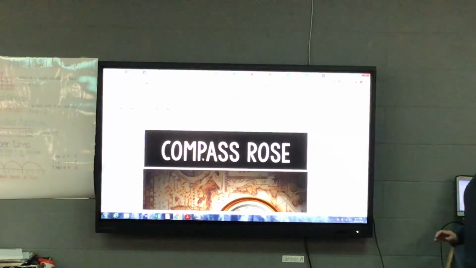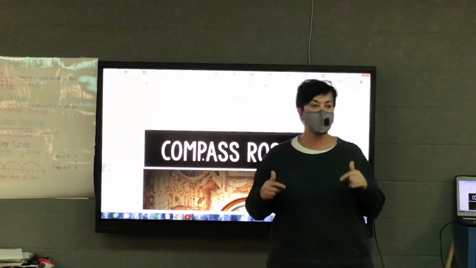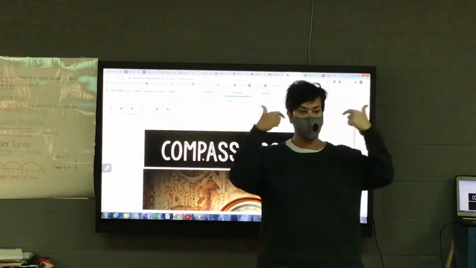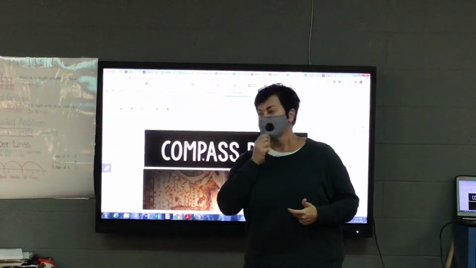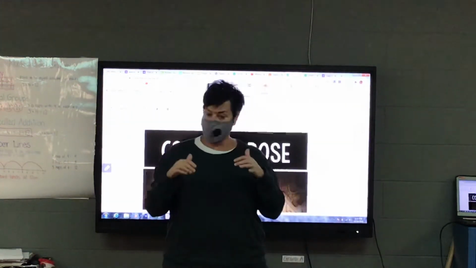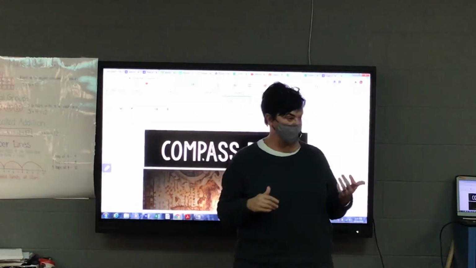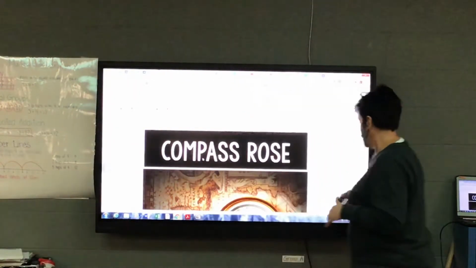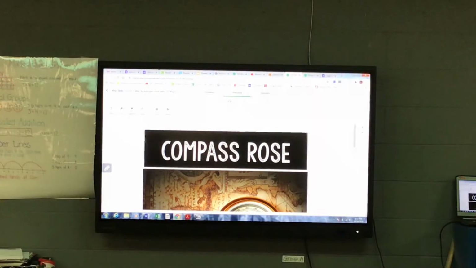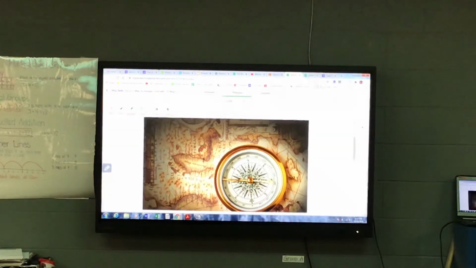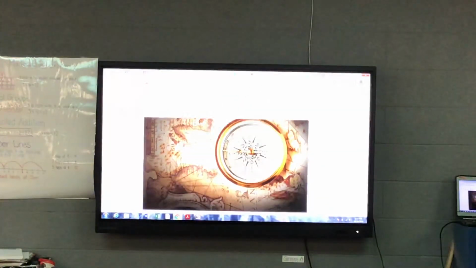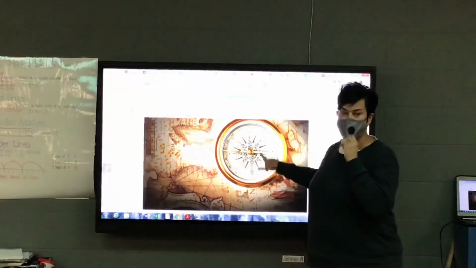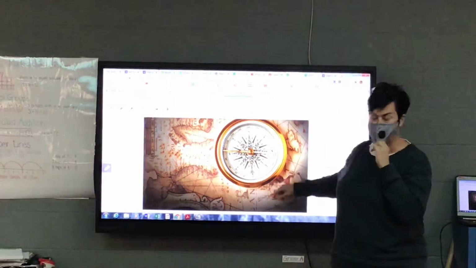So remember last week when we were reading through, eyes up here. Remember when we were reading through the newspaper and then we got to that back page that had the map on it? Some of these things go along with what we did. So looking at this is a compass rose. This is an example of a compass rose.